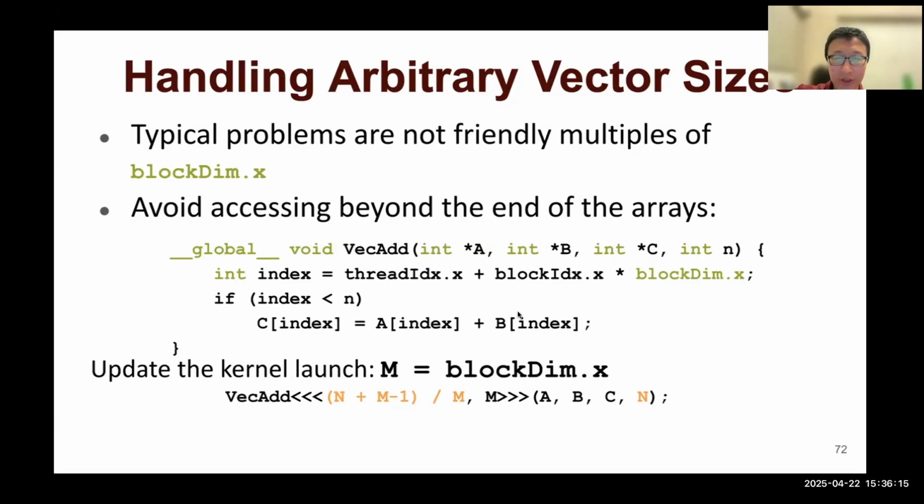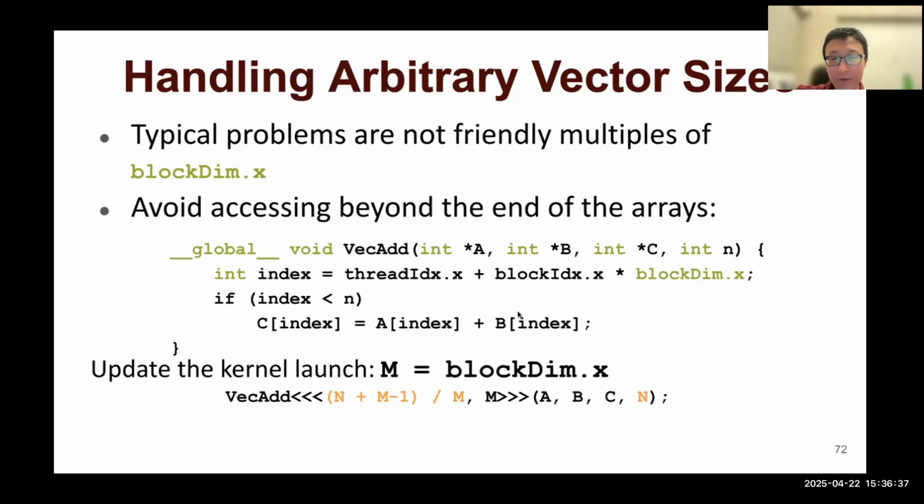You can do this yourself, but I don't think I can explain this as clearly unless you do some examples yourself. You can also call the function ceiling, ceiling of n divided by m, then you can get the number.